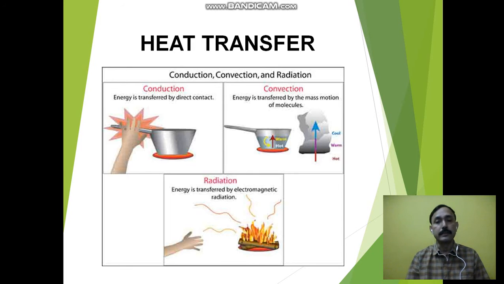Third one is radiation. Energy is transferred by electromagnetic radiation. Suppose the light coming from the sun to the earth, it needs no medium. There is no requirement of medium to transfer light from the sun to the earth. Again, suppose something is burnt, then the heat coming out from this burnt material to our body, we get the feeling of heat.